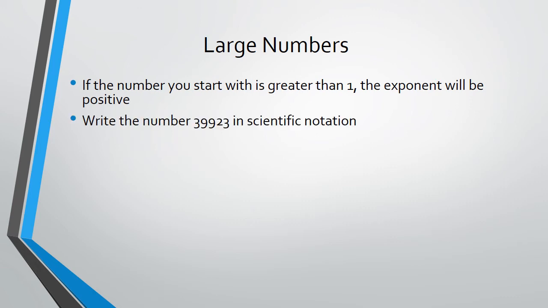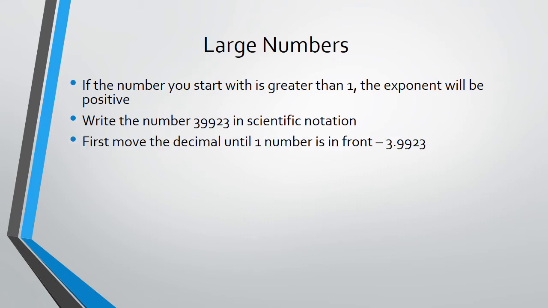For example, 39,923, if you want to have the scientific notation of that, obviously first you move the decimal to the first digit. So this is the value. So we have 1, 2, 3, 4, 5 significant figures here.